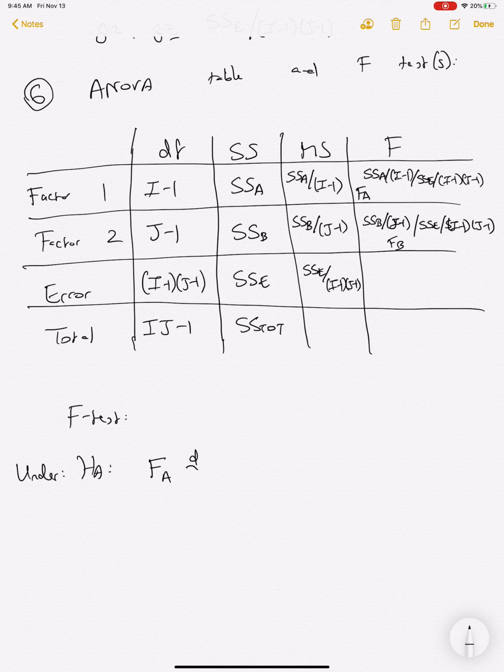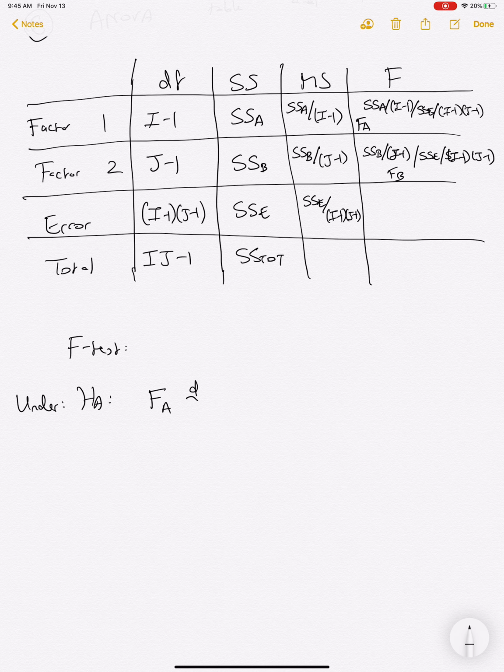FA is going to have the distribution of an F distribution with degrees of freedom I minus 1, and (I minus 1)(J minus 1). And then under the null hypothesis HB, FB is going to have the distribution of an F with J minus 1, and (I minus 1)(J minus 1).